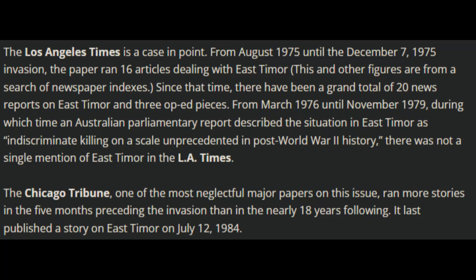If you check it out, it says that the Los Angeles Times ran 16 articles dealing with East Timor before the invasion, and since that time there have been a grand total of 20 news reports on East Timor and 3 op-ed pieces. So it's basically almost nothing when the genocide unfolds, but right before it, there were plenty of articles being written because nothing was happening yet.